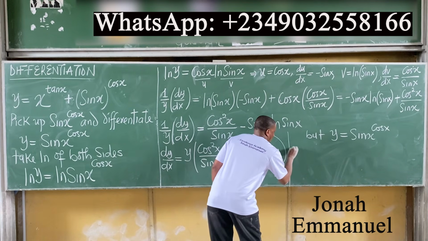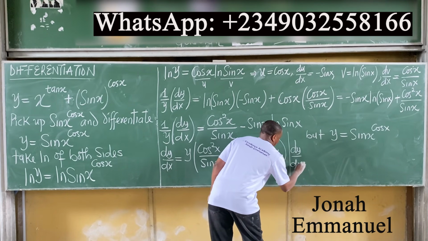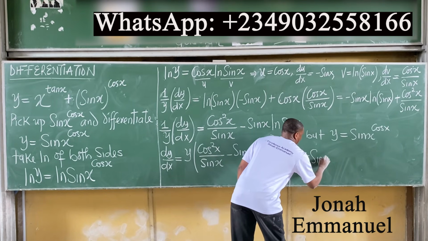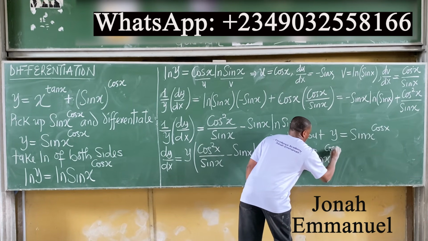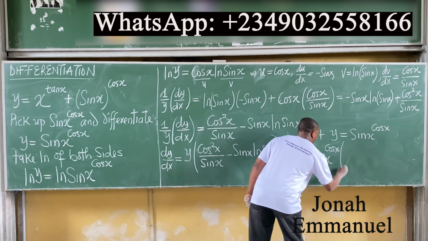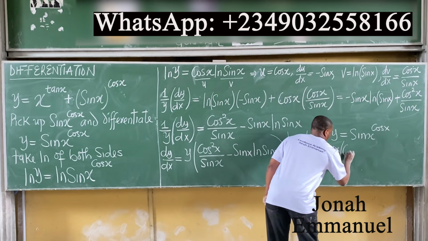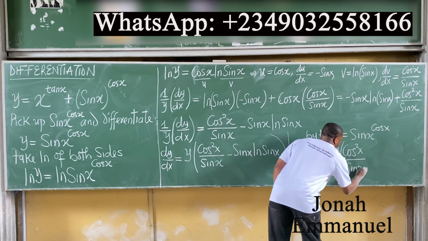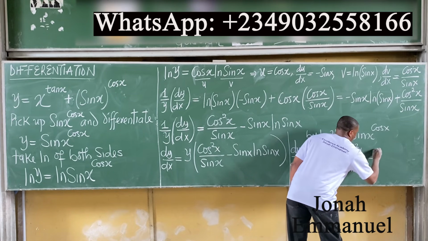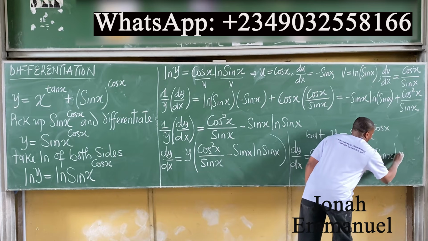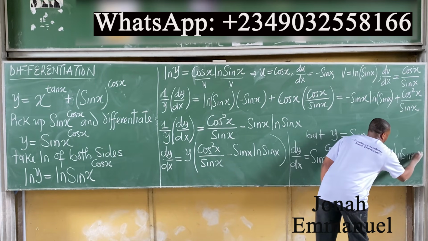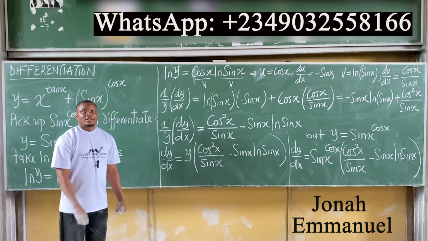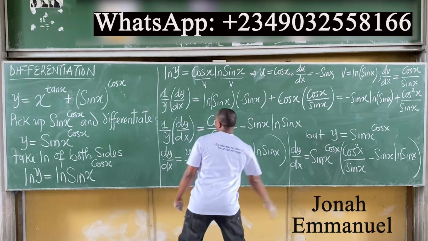What do you have there? dy dx is equal to y, sin x power cos x, multiplying everything here: cos squared x over sin x minus sin x ln sin x. All right, basically that's your answer. This is now the answer for the second part.